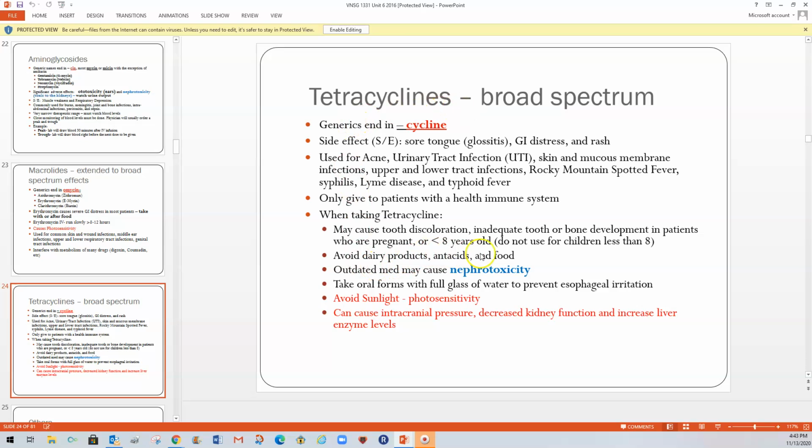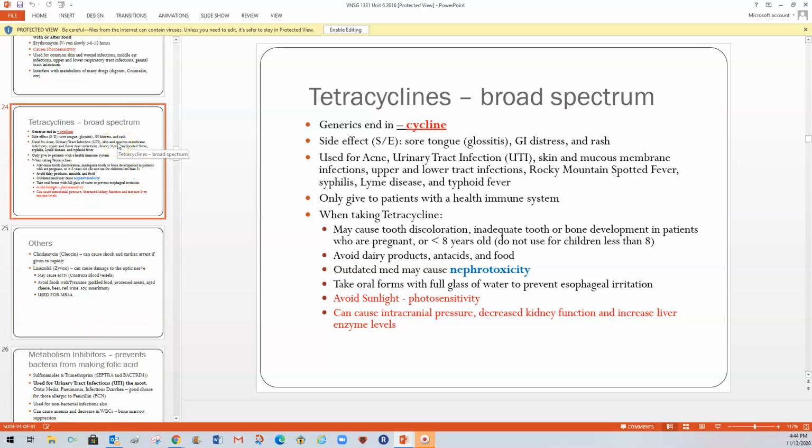Avoid dairy products, antacids, and food. Outdated meds may cause nephrotoxicity, so we sure don't want to give an outdated med. Take the oral form with a full glass of water. Avoid sunlight, and it can cause intracranial pressure.